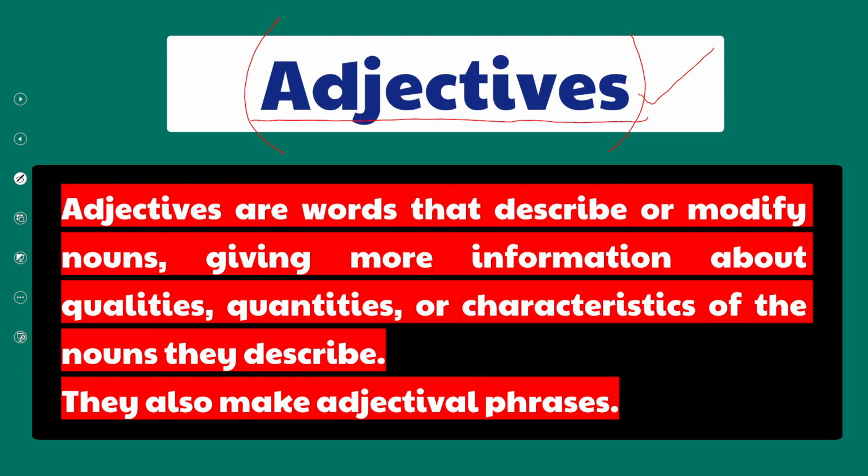So let's read the definition. Adjectives are words that describe or modify nouns or subjects, giving more information about qualities, quantities or characteristics of the nouns they describe. They also make adjectival phrases.